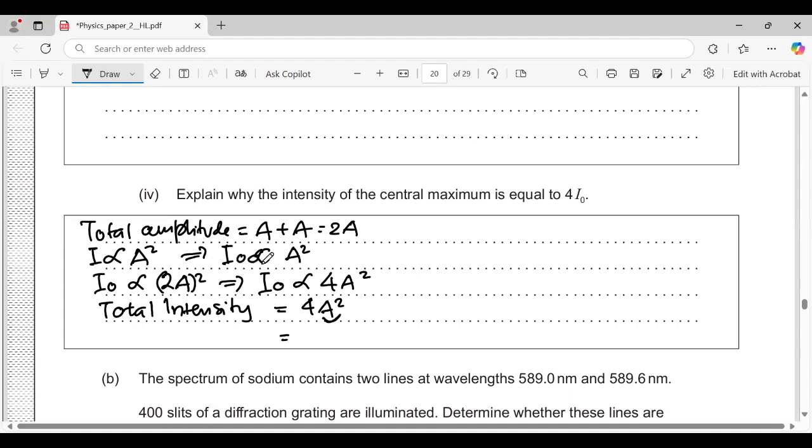A squared is proportional to I0. So the total intensity equals 4I0, like this.